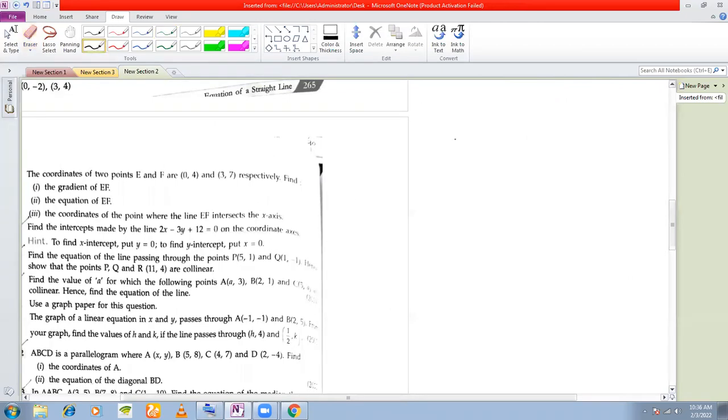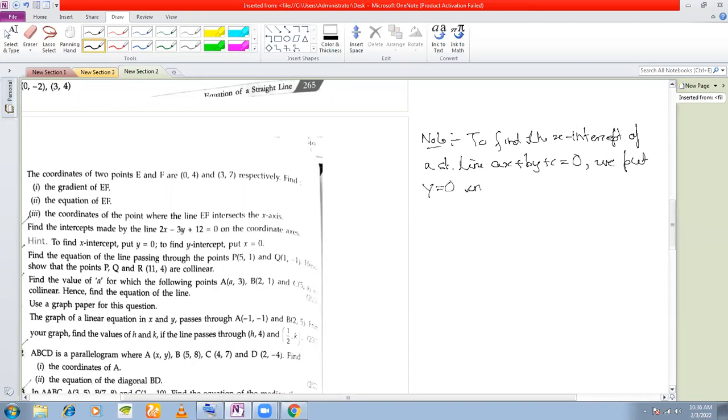I'll just write a note at the end of this problem. To find the x-intercept of a straight line, let's say ax plus by plus c is equal to 0, we put y is equal to 0 in the equation of the line.